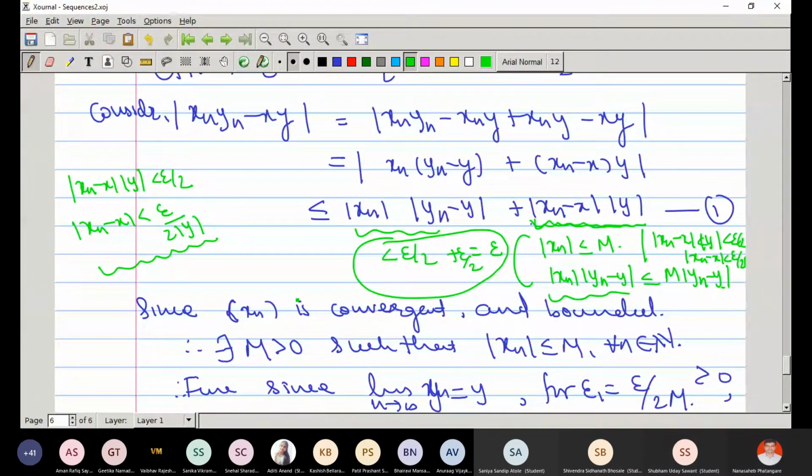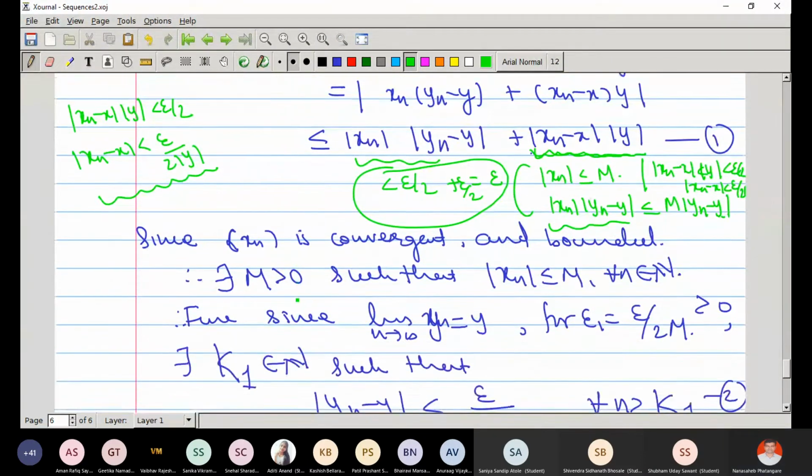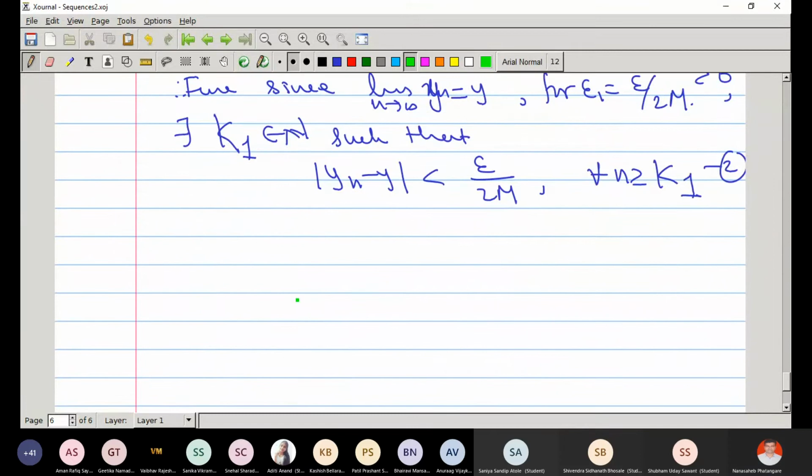Yes, it is possible provided y is non-zero. We didn't put any condition on y, because y is just the limit of yn, so it might be 0. If y is 0, then this makes a problem. So how to overcome this problem?